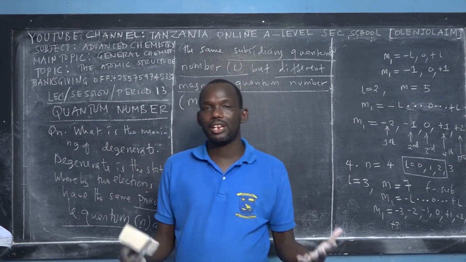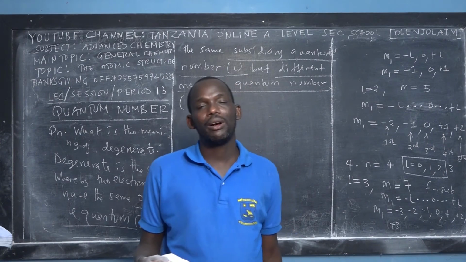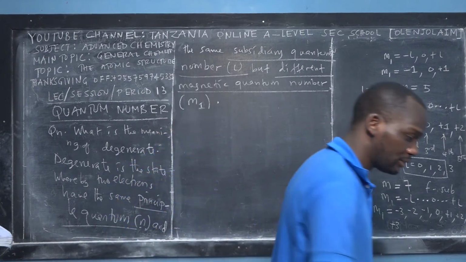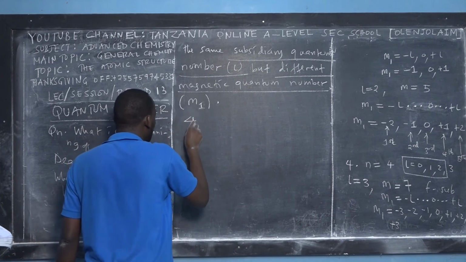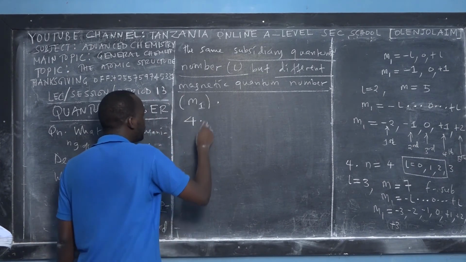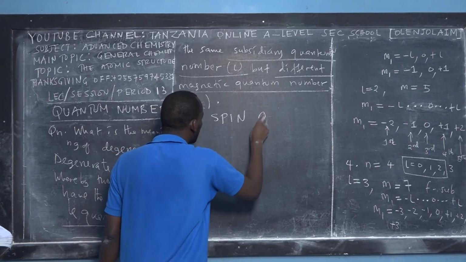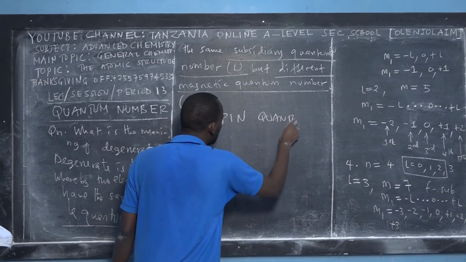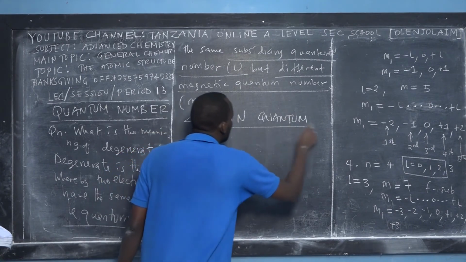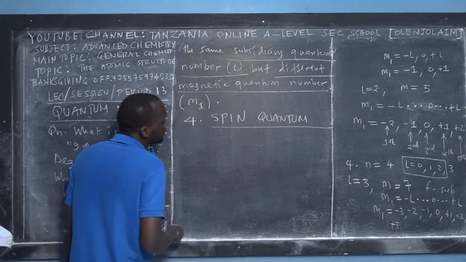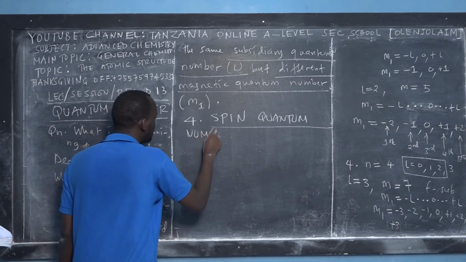Right now, allow me to teach you about the spin quantum number, which is the last quantum number at this level. So now we go for number 4. We call it the spin quantum number. It's not long like the second and the third. Spin quantum number, very short.